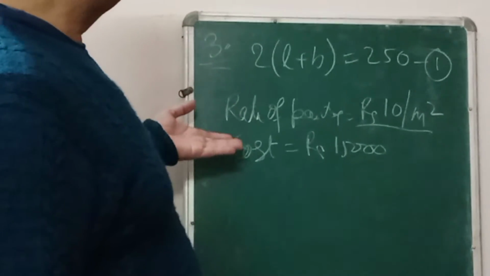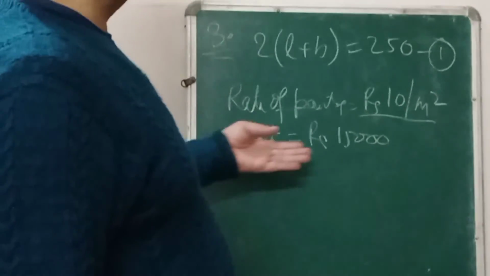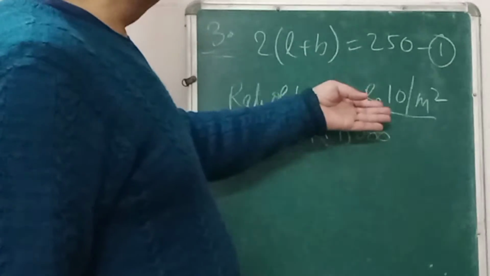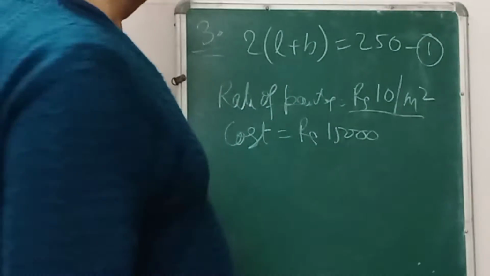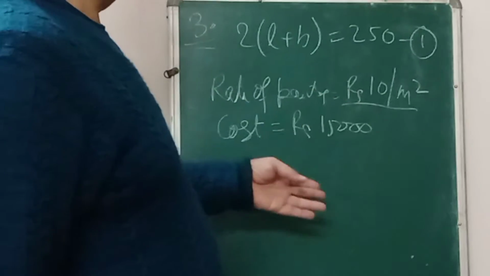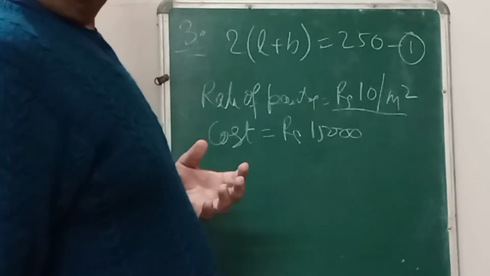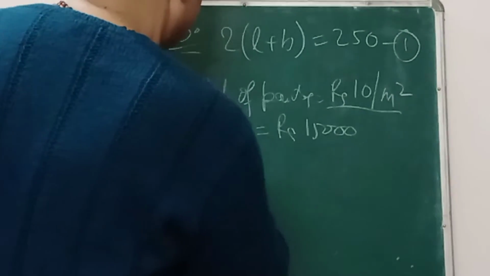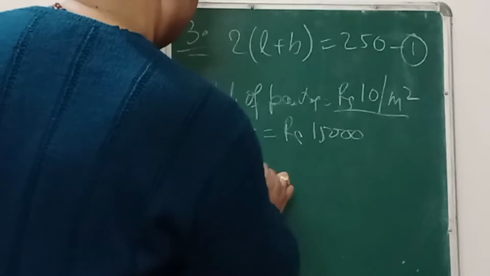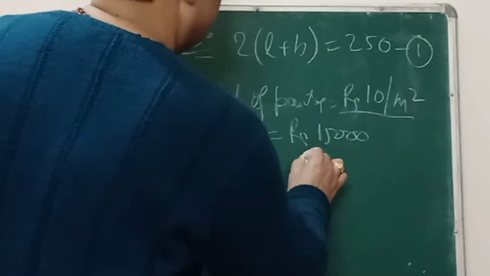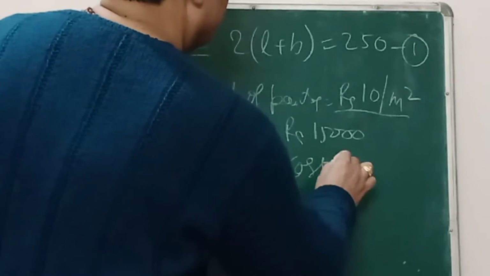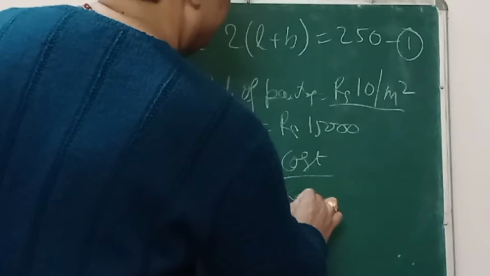So if we know this much cost comes with this rate of painting, then we can easily know the area. How? Area will be this cost divided by rate.